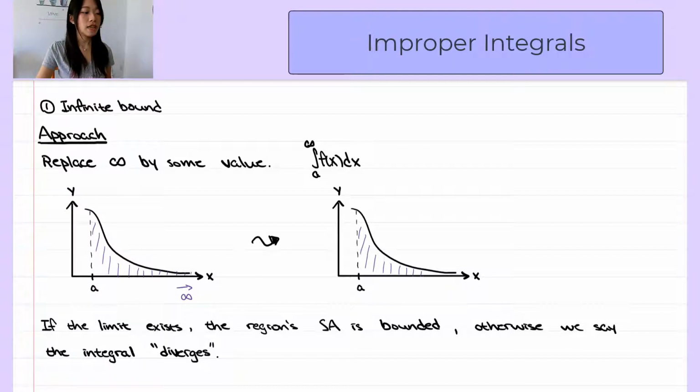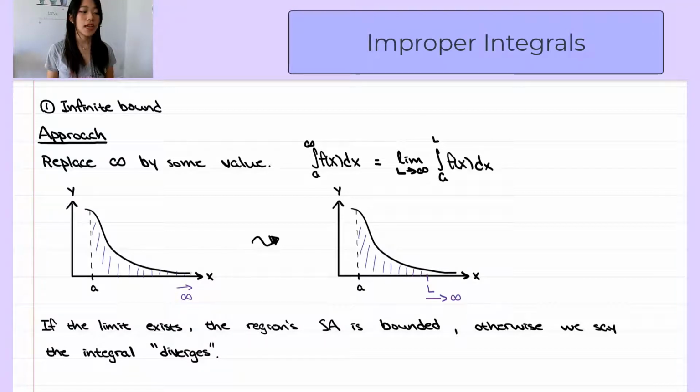But instead of taking the integral from a to infinity, now I'm going to take the integral from a to L, and take the limit as L approaches infinity. Using the mathematical notation, it equals the limit as L approaches infinity of the integral of f of x evaluated from a to L.